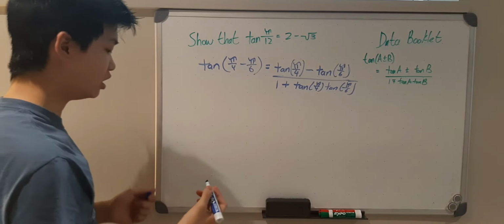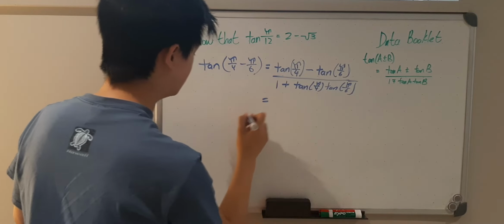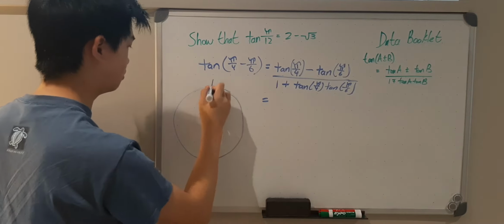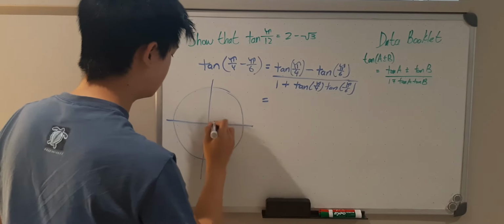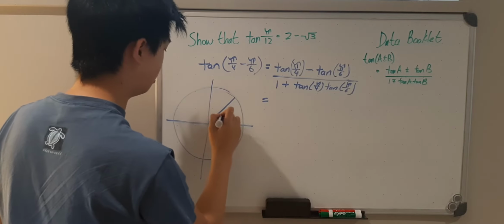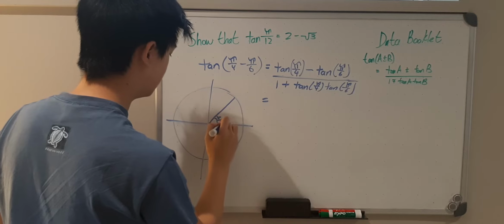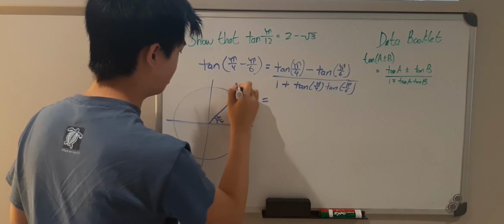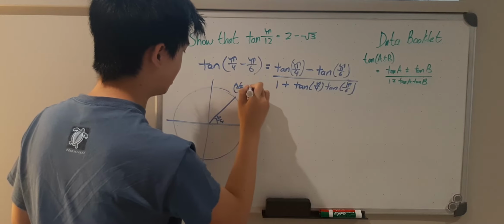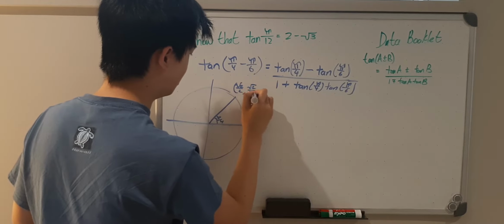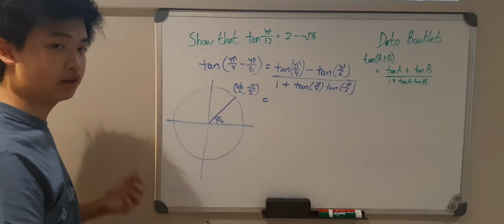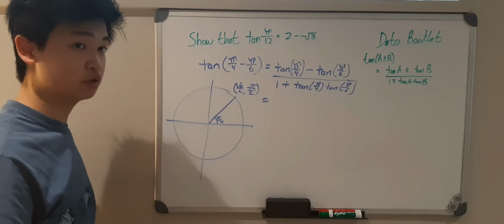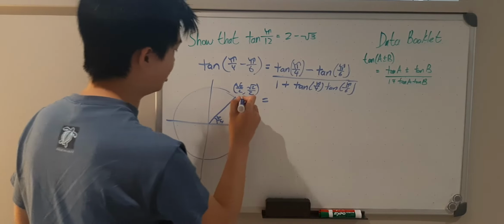Okay, so now we have to work this out. So let's draw the unit circle. So we know at pi over 4, both the y-coordinate and the x-coordinate are root 2 over 2, and since sine over cosine is tan, we know that that would equal 1 for tan.